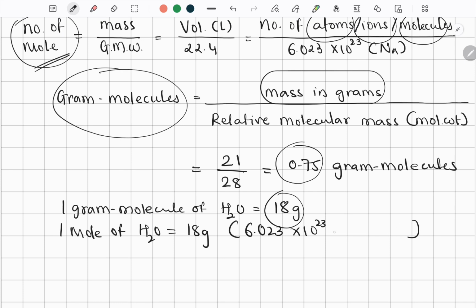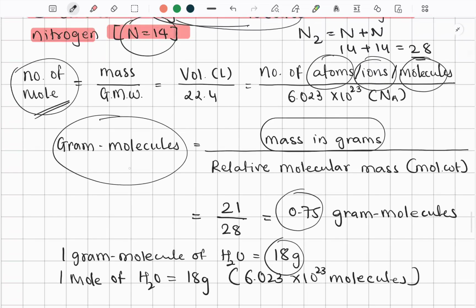Understood? And in terms of equivalency, this is 1 mole of molecules, whereas number of moles is a standard SI based unit for any amount of substance.